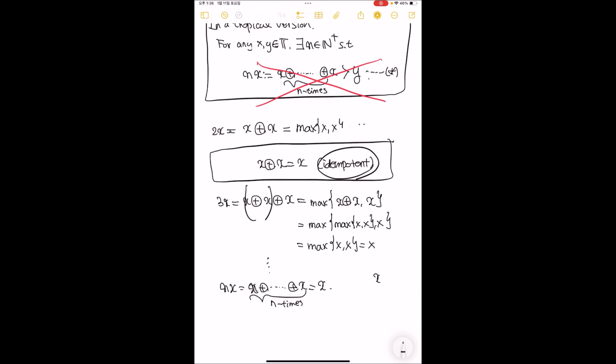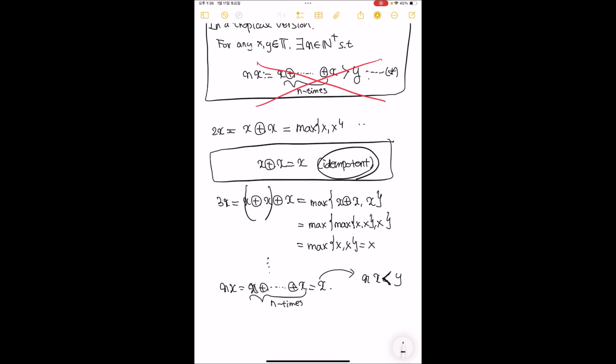So if y is given, even if we repeat the summation many times, the inequality does not change.